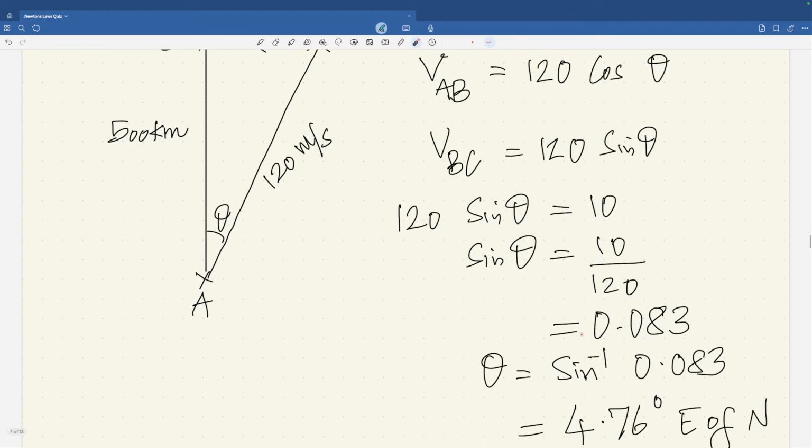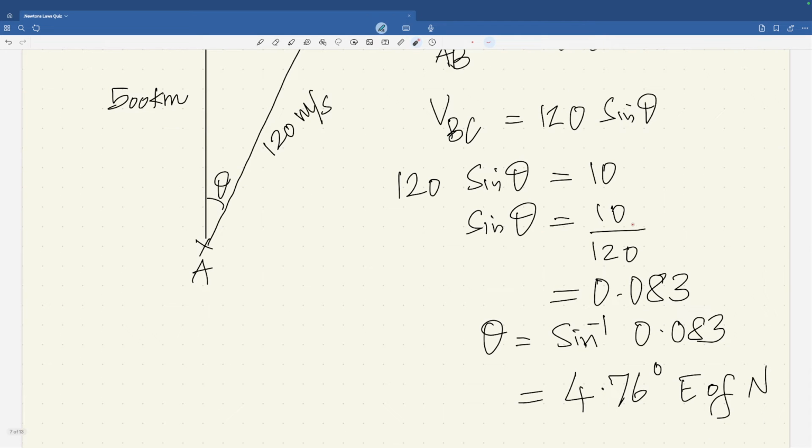That's what I've written here. Sine theta is 10 over 120. Take the inverse of that, and you get 4.7 degrees east of north, because going that way is east, starting from north. So that is the answer. We did not even need the 500 kilometers to do that.